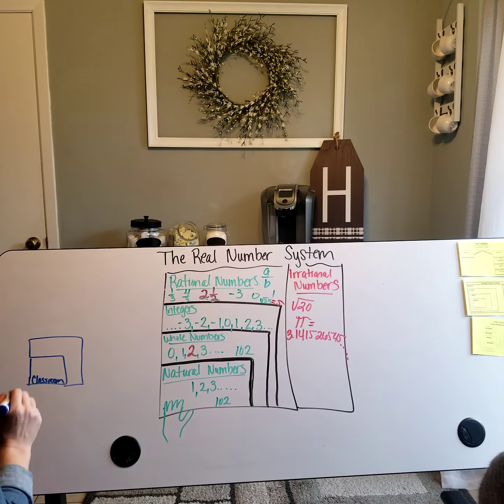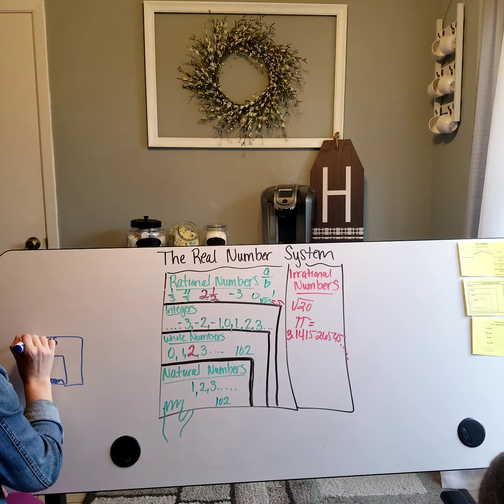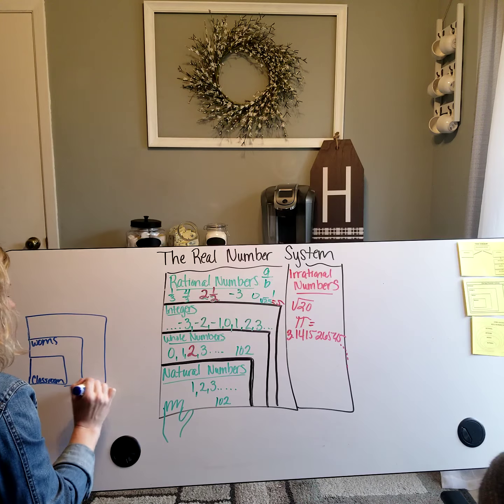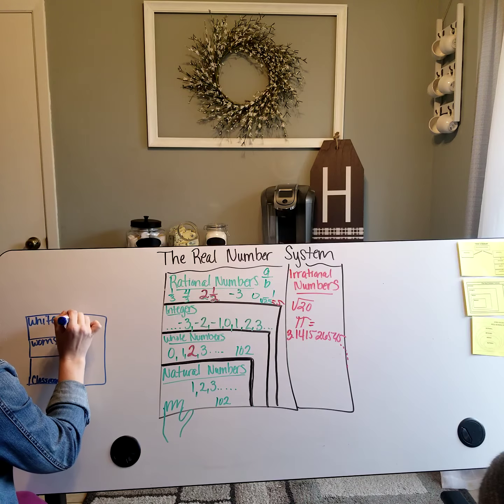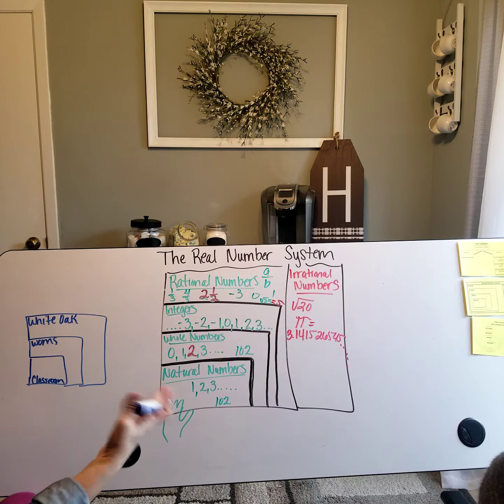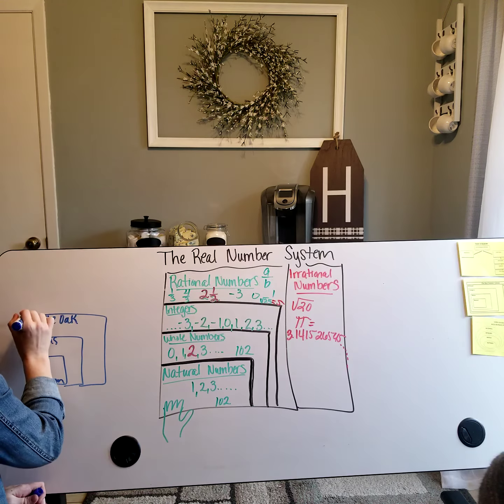Inside, my classroom is inside White Oak Middle School. You should agree with me on that. And then White Oak Middle School is in White Oak, right? And because we're in White Oak, we're also in the great state of Texas.